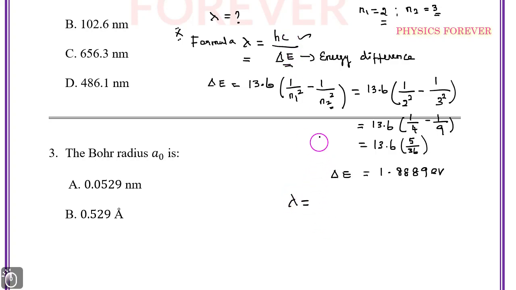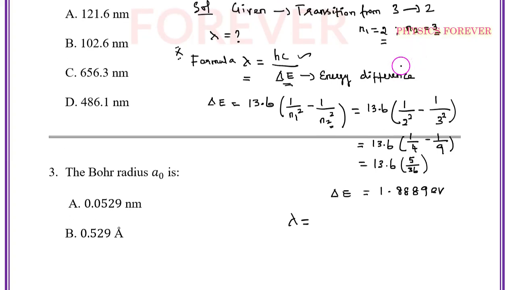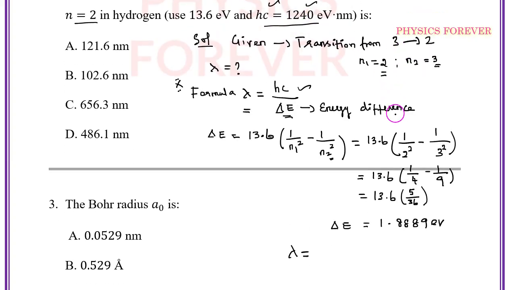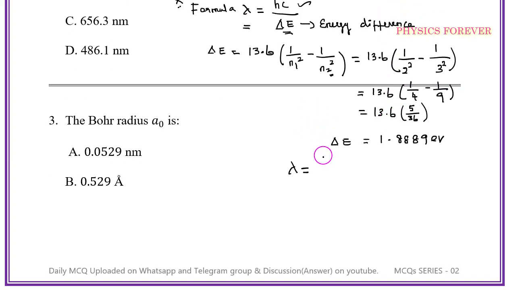Then lambda is equal to hc divided by del E. What is the hc value? hc value is 1240 electron volt nm divided by 1.889 electron volt; the electron volt cancels. If you solve this, we get 6.3 nanometer.